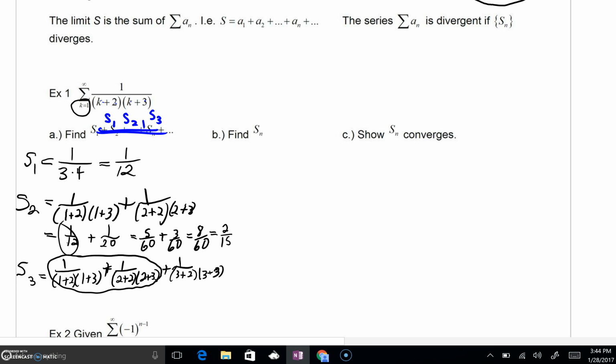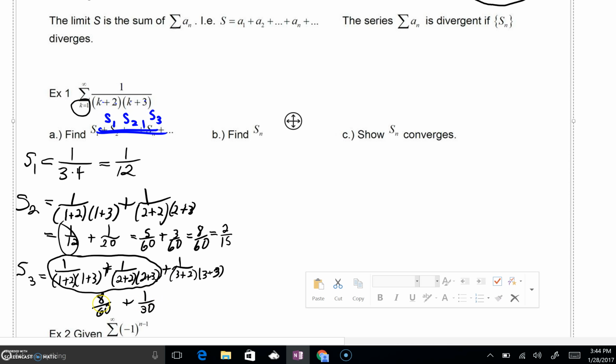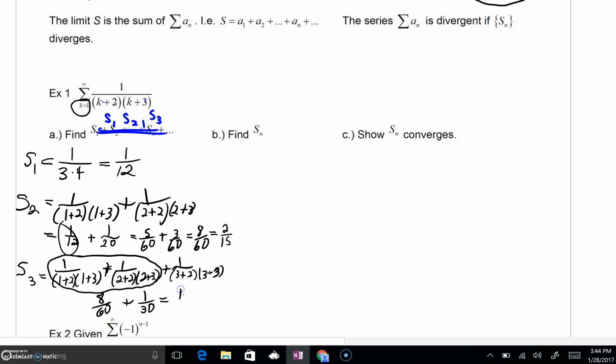That's going to be 8 over 60 if we didn't reduce that. And then over here, this is 5 times 6, that's 1 over 30. And we could realize that 1 over 30 is actually 2 over 60. 2 over 60 plus 8 over 60 is 10 over 60, and that just would become 1 over 6.